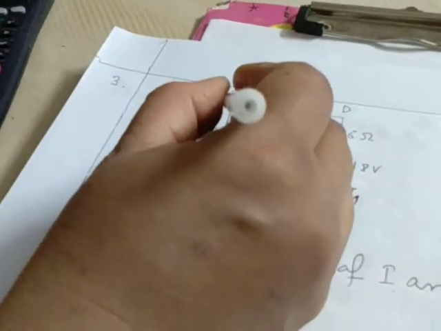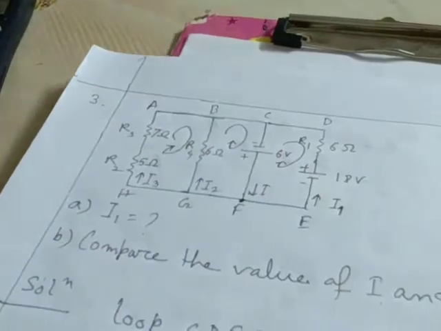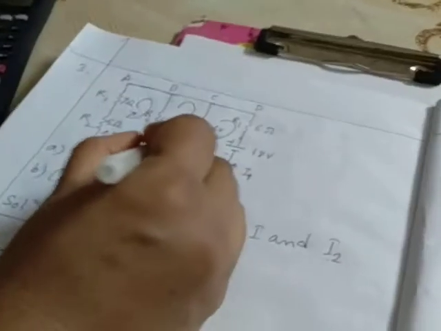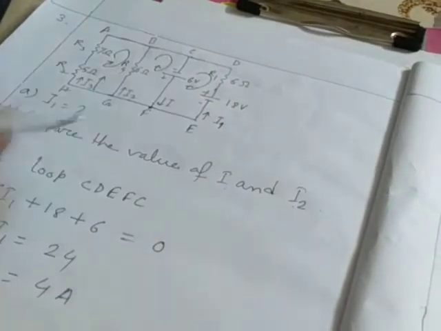Look, now we will apply Kirchhoff's voltage law in this loop, that means B, G, H, A, B, and we will move again clockwise. So if we move clockwise, look, I2 is moving in this direction and we are measuring the voltage in that direction. So it will be minus 6 I2. Then I3 is in this direction and we are also going in that direction.